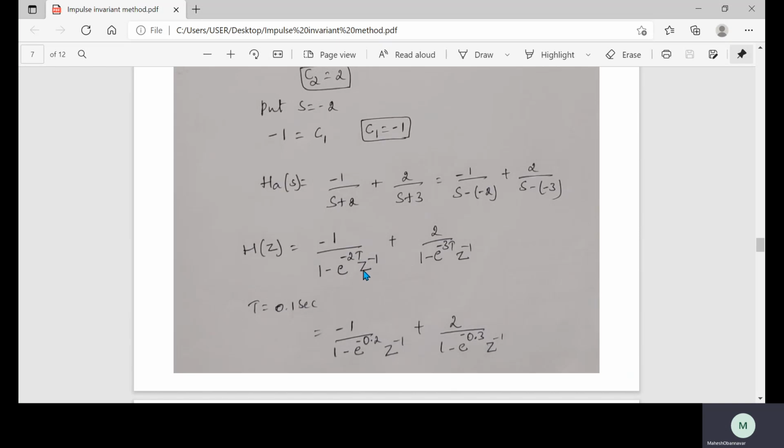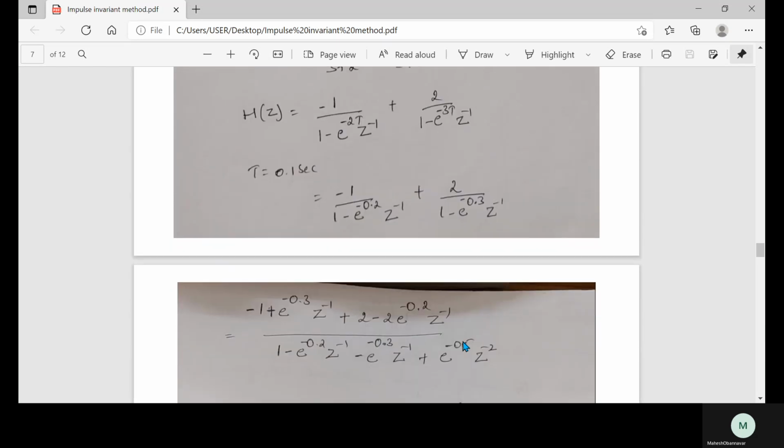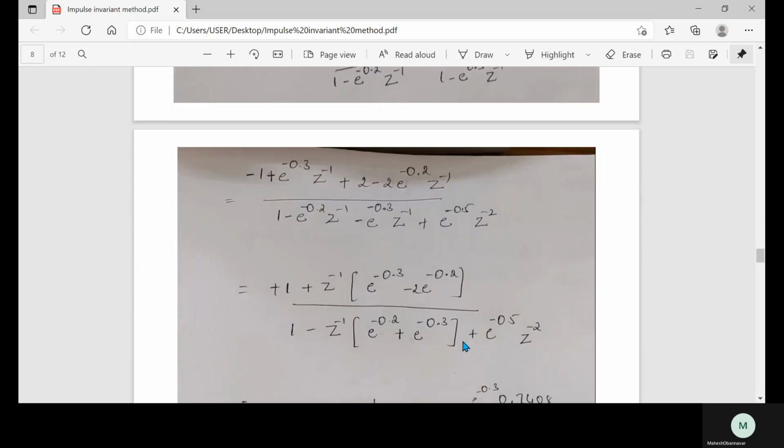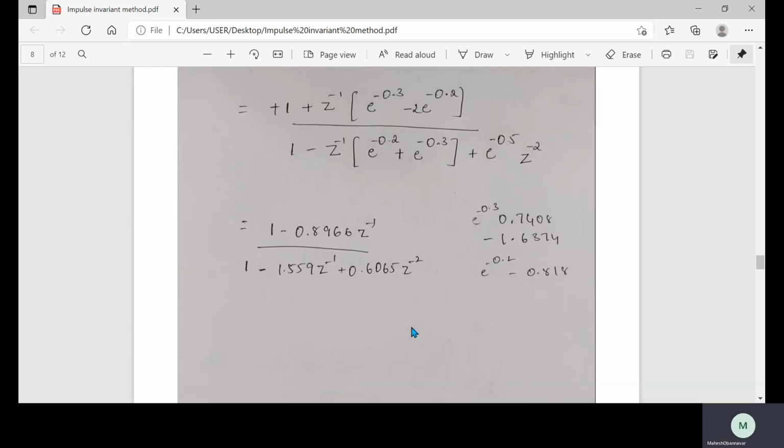So substitute for that. Okay. So after substituting, what they have told, t is equal to 0.1 second. So substitute for t is equal to 0.1 and solve it as we have done it before. So after solving, you'll be getting in this form.